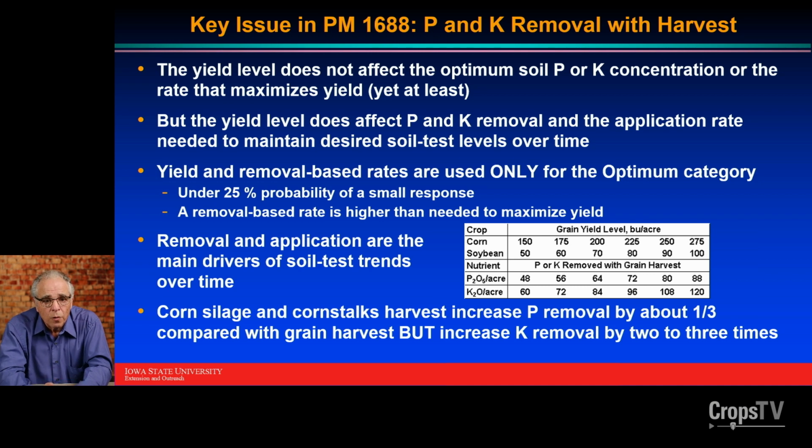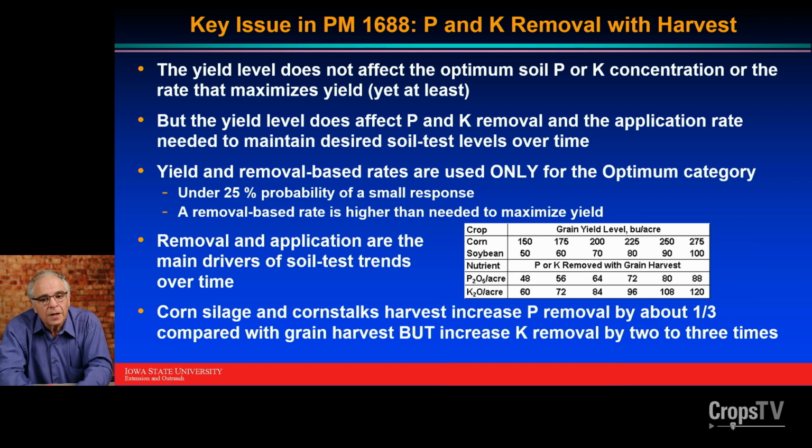So what we always have done, and we keep doing, is that we use yield and removal based rates only for the optimum category, where there is a small probability of response, less than 25%, you saw that, and the removal based rate is higher than needed to maximize yield in any conditions, okay? We recognize that, we say that.